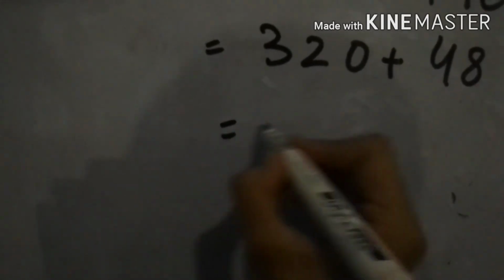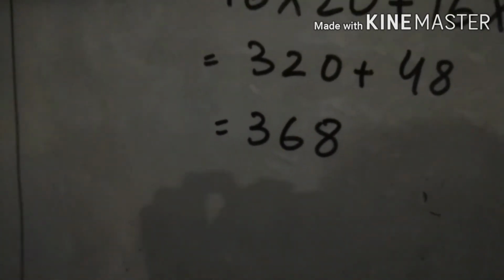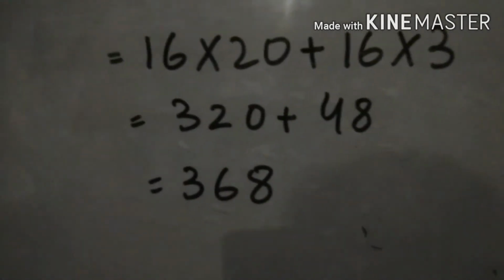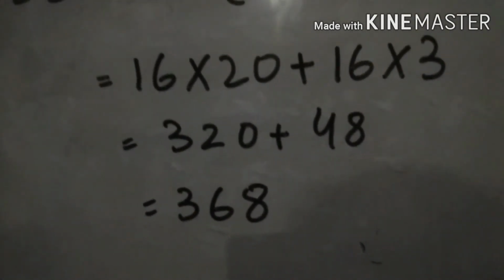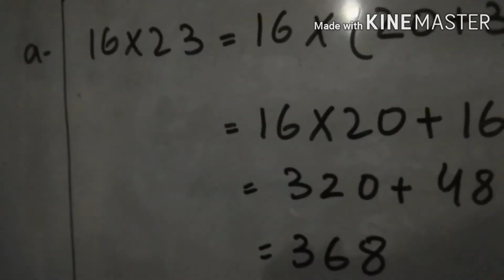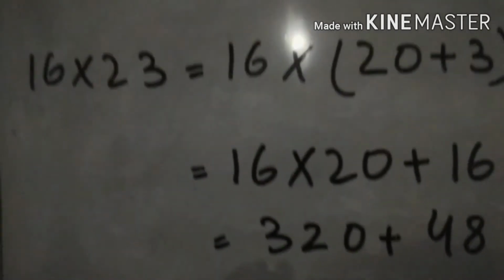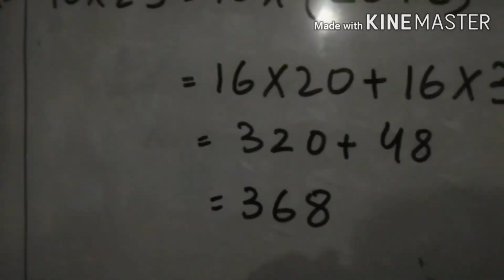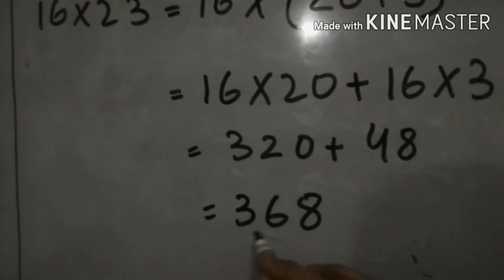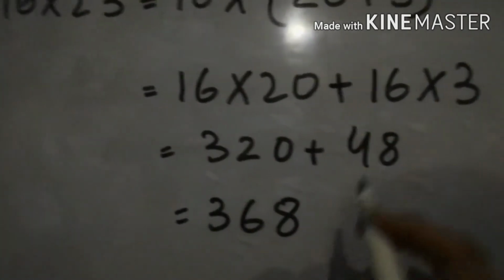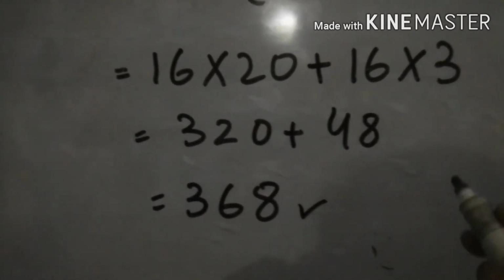Now the sum of both is 368. Now if we want to check the answer of our question, we will multiply 16 by 23. The answer will be 368. It means that our solution is correct.